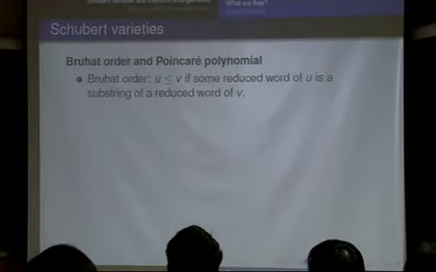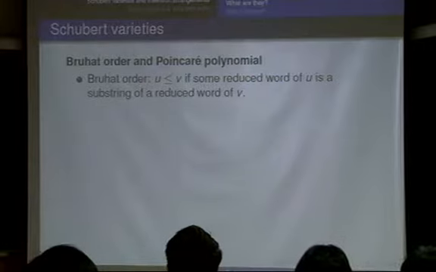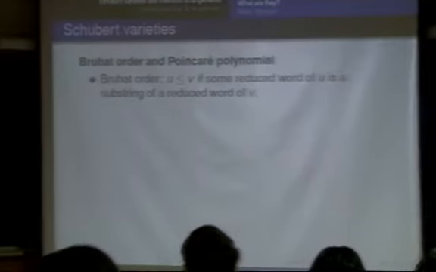And Bruhat order. Bruhat order on the Weyl group or Coxeter group is a partial order between the elements of this group. U is less than or equal to V if some reduced word of U is a substring of a reduced word of V. Now I'll just show you an example.